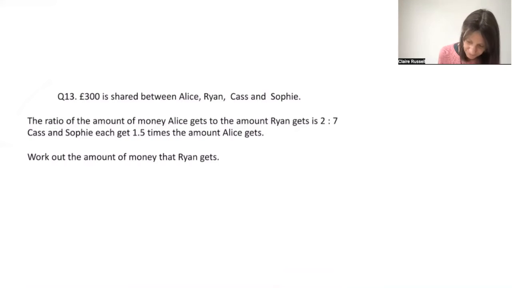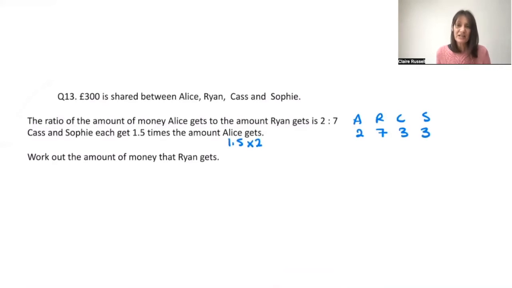So we've got Alice, Ryan, Kaz, and Sophie. We've got 2 to 7 here, and then 1.5 times the amount Alice gets. So that's 2 times 1.5. Alice is 1.5. We need to double it. So that's going to give us 3 and 3. So that's my ratios. Put little dots in as well.